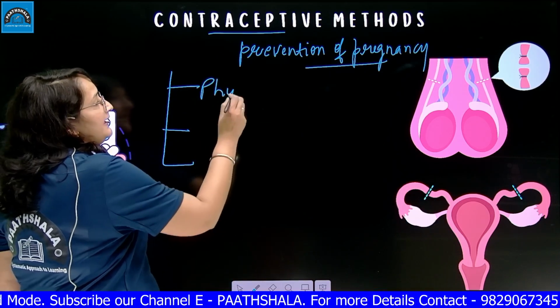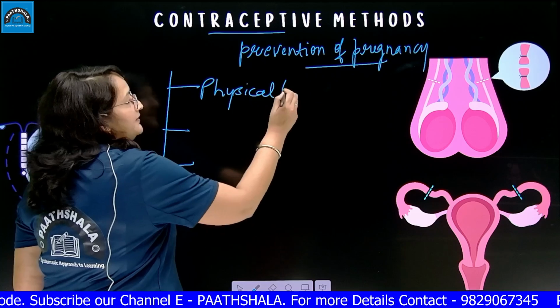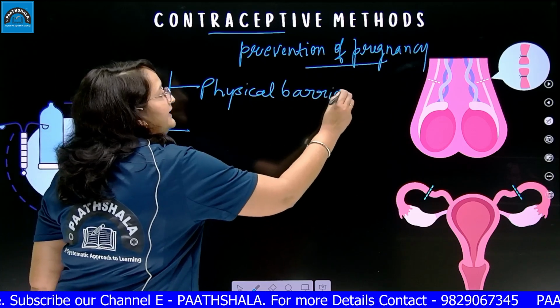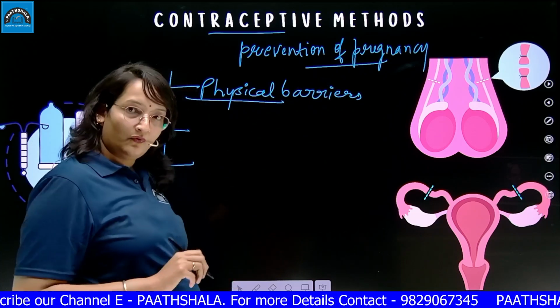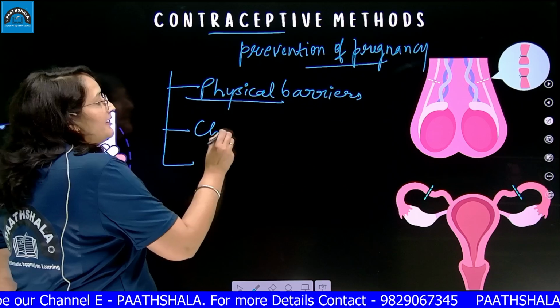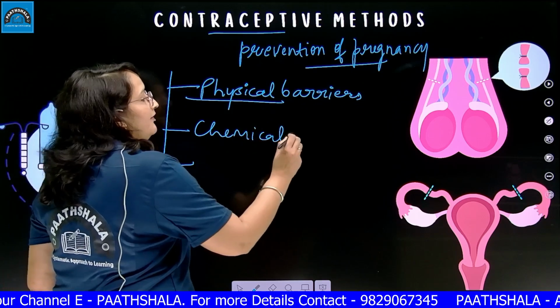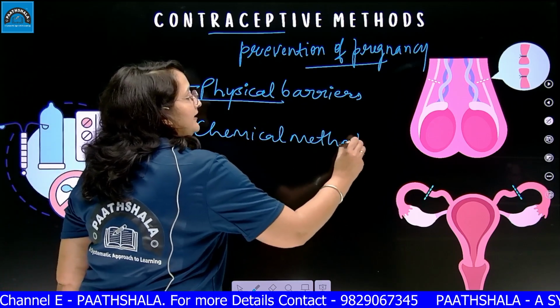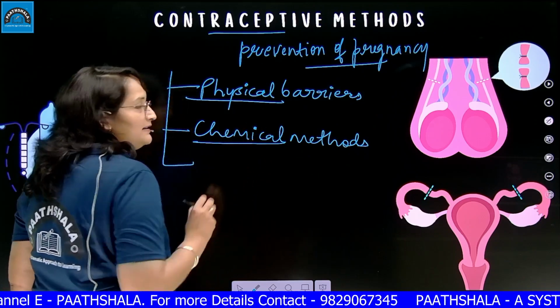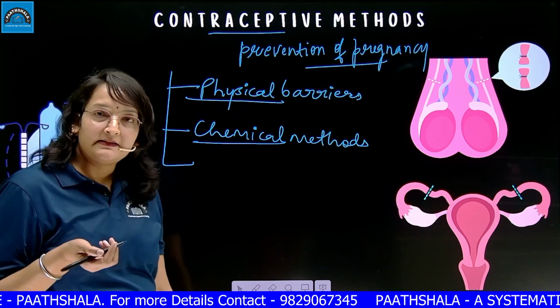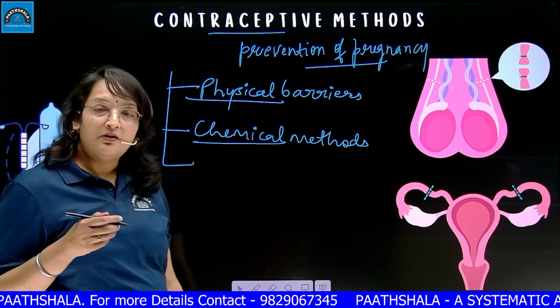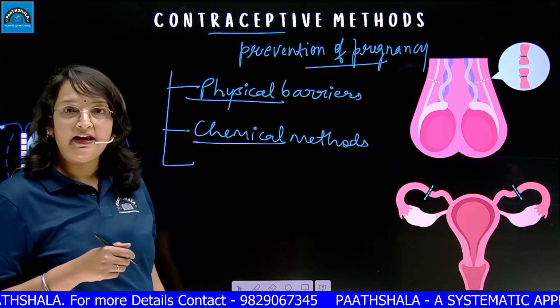There are certain physical barriers which can be used externally to prevent contact between sperm and ovum. There are some chemical methods where we are using either oral pills or some contraceptive devices by which we can prevent fusion between sperm and ovum.